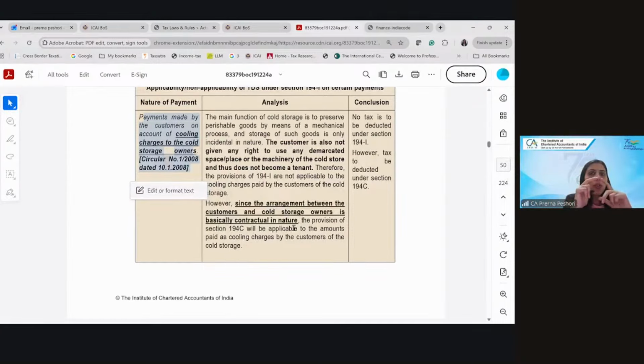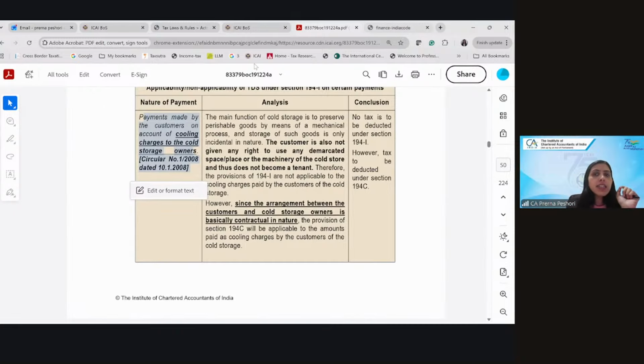the CBDT has clarified that the main function of the cold storage is to preserve the perishable goods by storing the goods under cool conditions. So the customer is not given any right to use a demarcated space or place, or right to use any machinery of the cold storage.